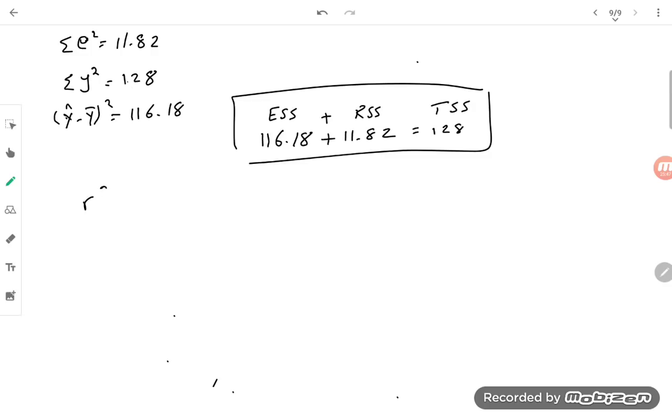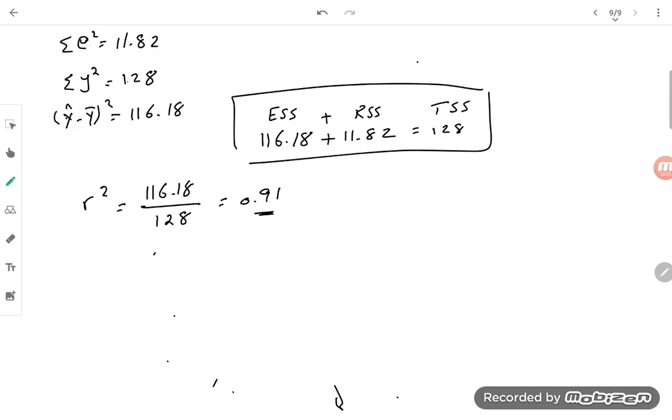So now we are going to substitute in order to find the value of r squared as 116.18 divided by 128. It will be 0.91. So this means that the independent variable explains 91% of the variation of y.